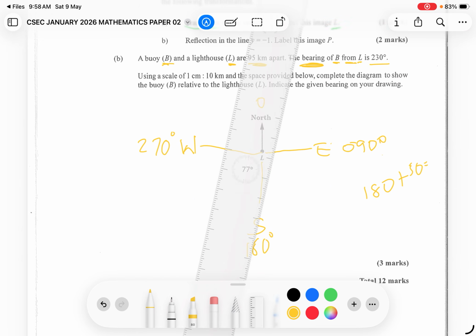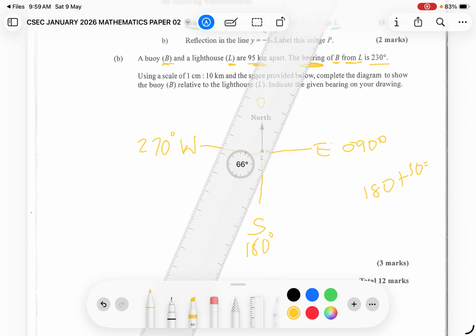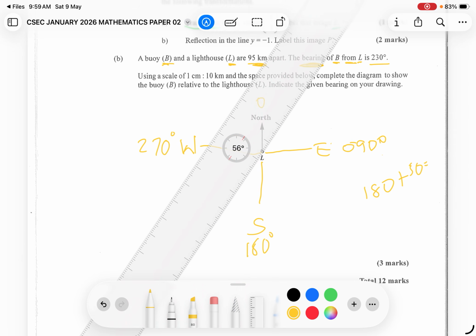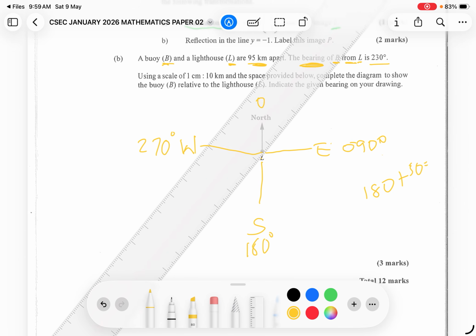So from here, let's say this is the line, I will need a 50-degree turn. And I will know that right here from L. So let's take that off now.